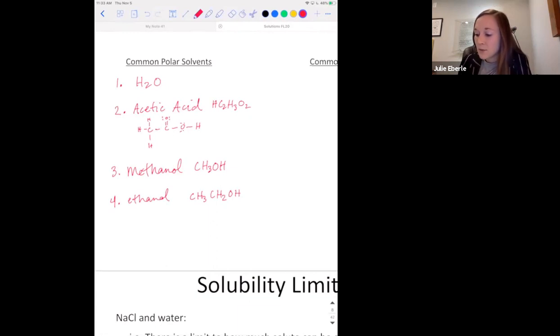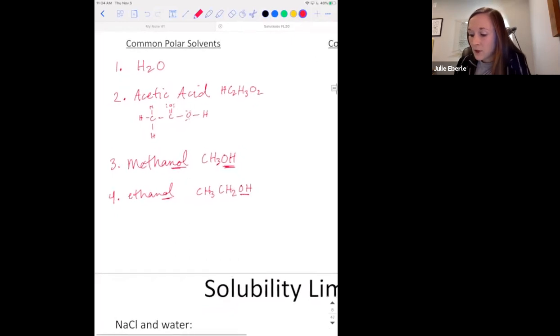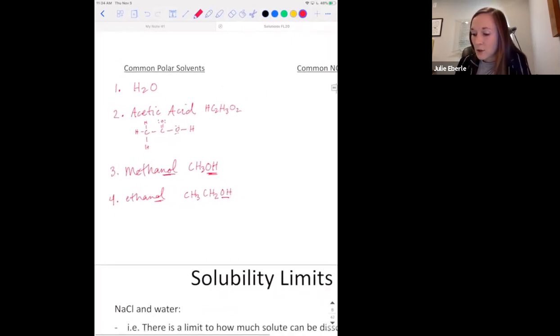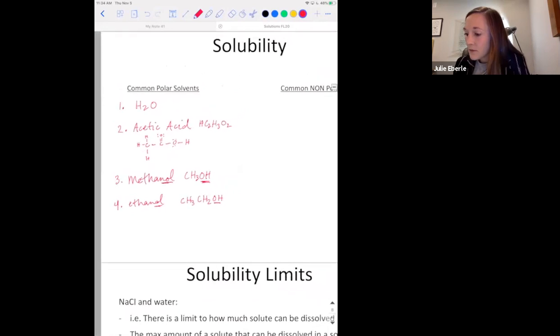And we'll actually get to this in chapter 12, but anytime you have an OH group, remember this is a hydroxide ion. This was from your polyatomic list. A molecule with an OH group in it, the name ending is OL. So methanol, the fact that you have that OL ending indicates that there's a hydroxide there. And we'll learn this in chapter 12. This is functional group stuff. So no, you don't have to remember these names, but I do want you to recognize these common polar solvents.